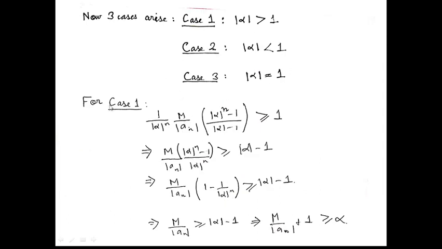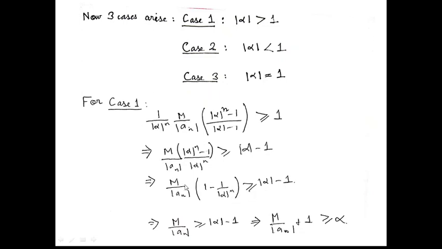For case 1, what we do: 1 by alpha n, m by an, alpha n minus 1 by alpha n minus 1 is greater than or equal to 1. So m into alpha n minus 1 by an alpha n is greater than or equal to alpha n minus 1. And what is this? M by an into 1 minus 1 by alpha n is greater than or equal to alpha minus 1.